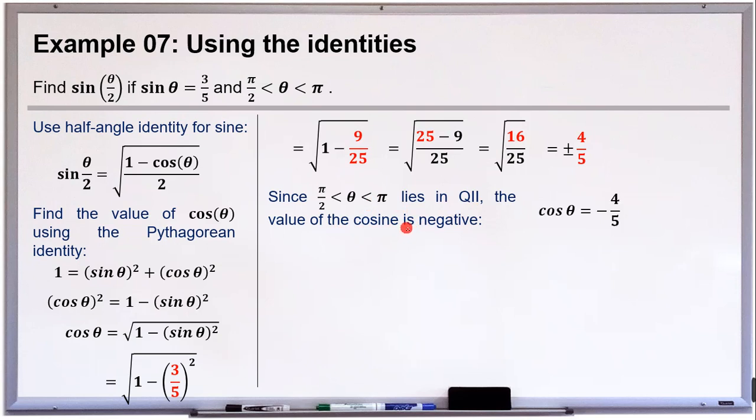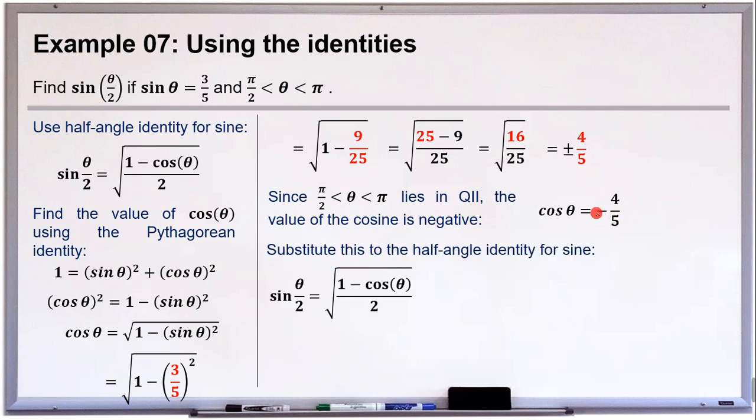Therefore, we will take the negative value of cosine of theta, and that is equal to negative 4/5. We will ignore the positive because it doesn't make sense given the interval of theta. So just remember this one: the cosine in the second quadrant is negative. That is why we use the negative value.